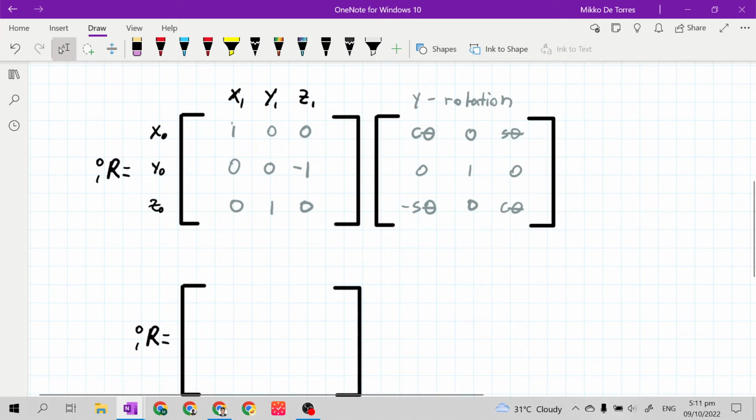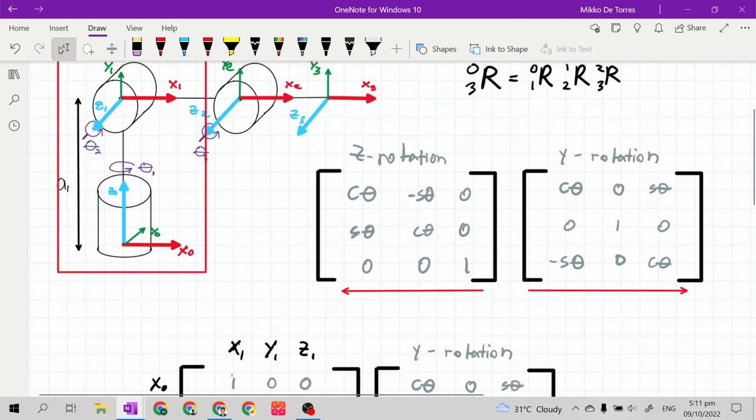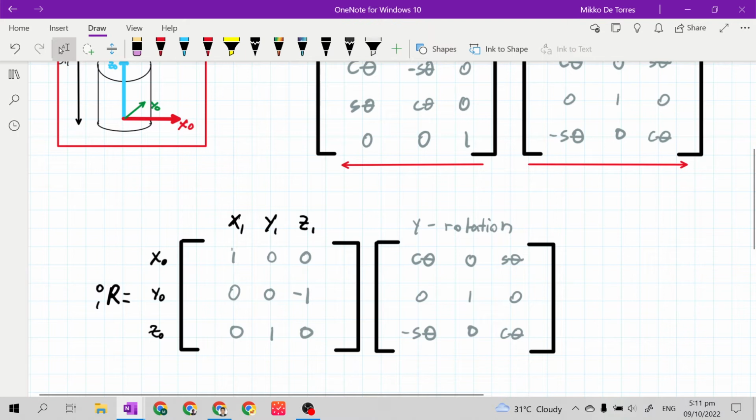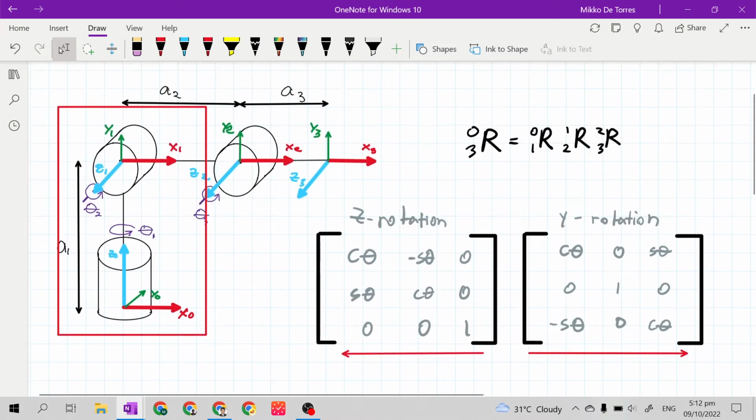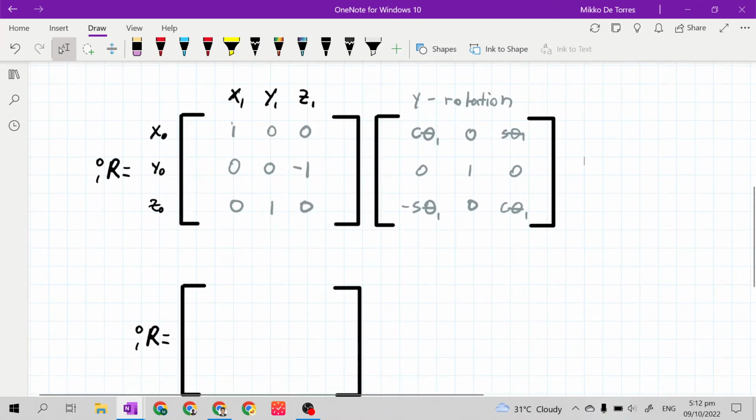Before I do the 3 by 3 matrix multiplication, I will assign the subscript 1 to our y rotation joint variable theta, because we are getting this from frame 0 to frame 1, where the joint variable is theta 1. I hope you understand. So this is theta 1. That's why this is also theta 1.